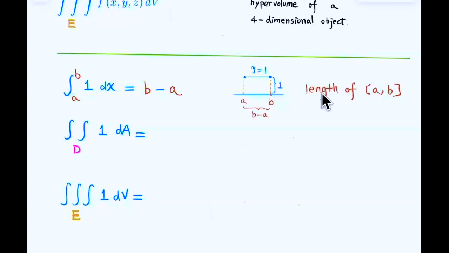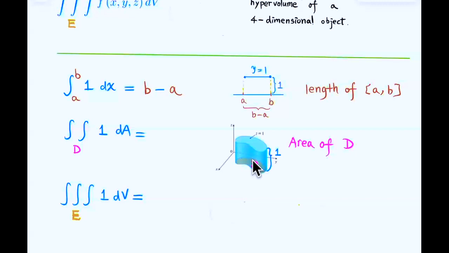What happens if you integrate 1 over region D? What do you get? Well, think about that. This region over here is D, and this function here is 1. So integrate 1 over the region D. The value of this is going to be base area times height.